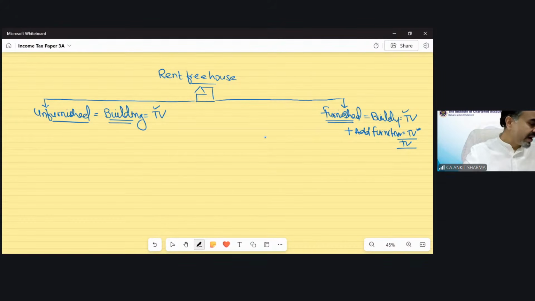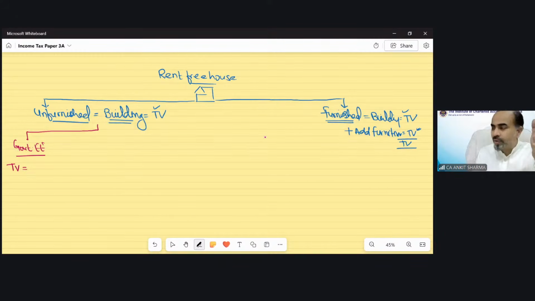Clear? Now, if we go through the unfurnished accommodation case, there would be two situations. Either that would be a government employee. In case of a government employee, the taxable value, as I have told you, in case of perquisite, we generally find out the taxable value. The taxable value would be the license fees as prescribed by the government.